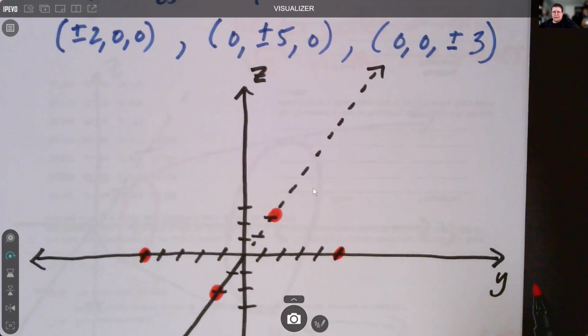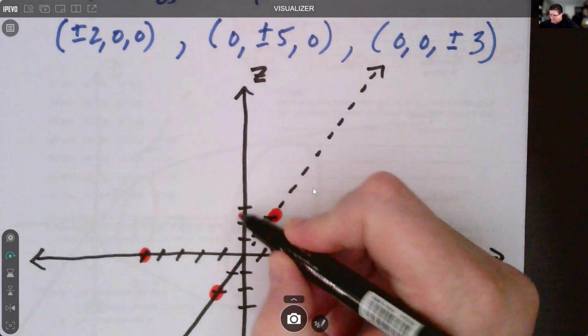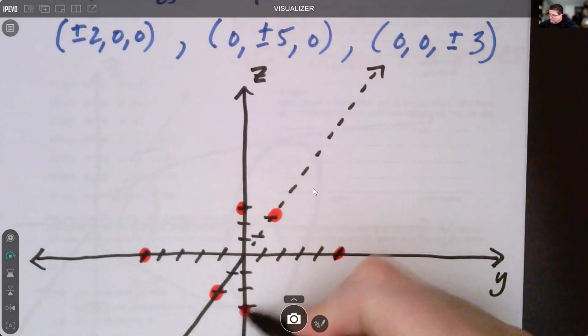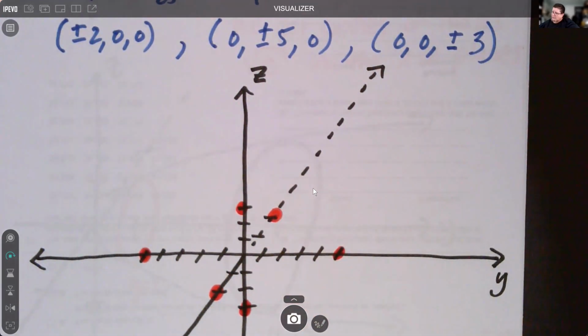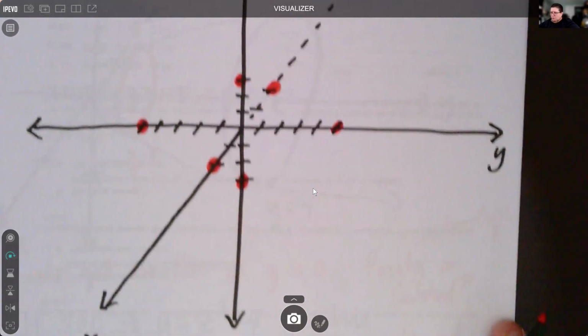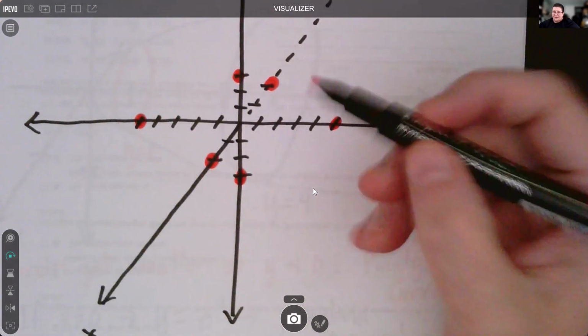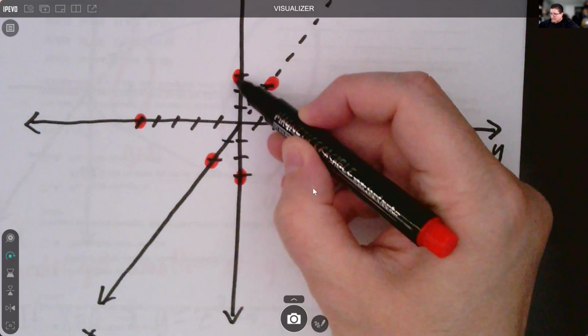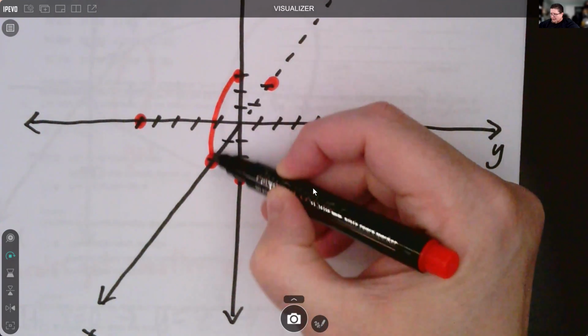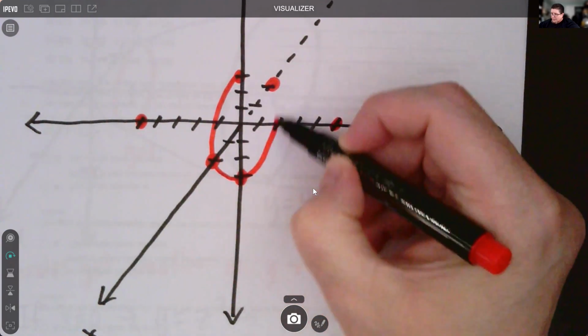And finally, we have up or down 3, z. Now, it might help to show 3 sets of connecting those points. We have an egg. So it's kind of circular looking, well, elliptical.